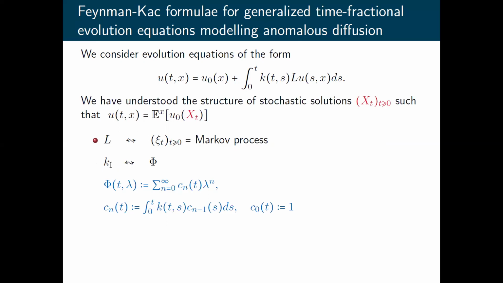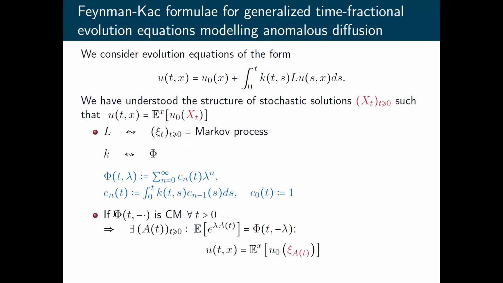So starting from the memory kernel K, we can construct a function phi, which is given by a power series where coefficients are depending only on time, and they are defined recursively only by means of our kernel K. So L provides us with a Markov process Xi, and K provides us with a function phi defined in this way.